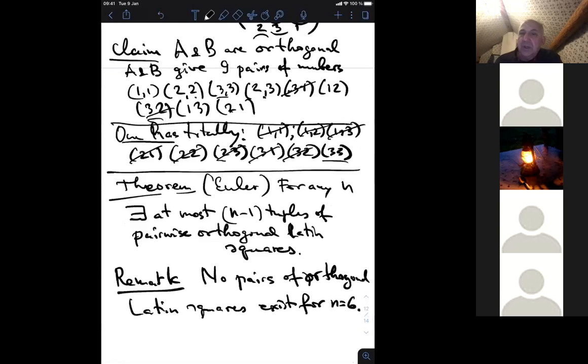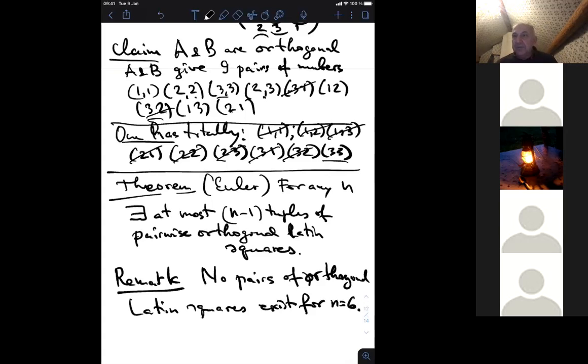So the first interesting case, when we were wondering if there is an affine plane with rank equal to 6, will be related to this result by Euler that no pair of orthogonal Latin squares exist for size n equals 6.